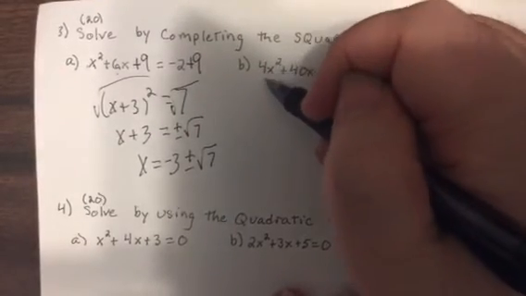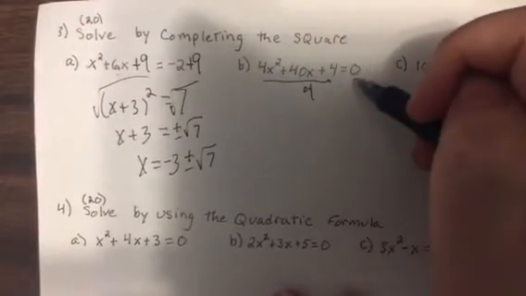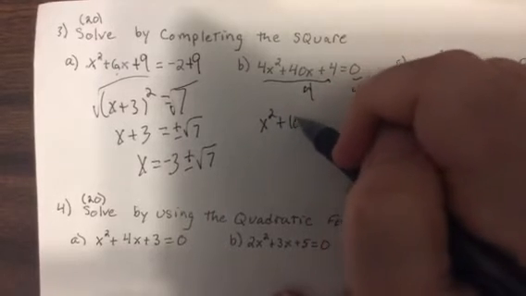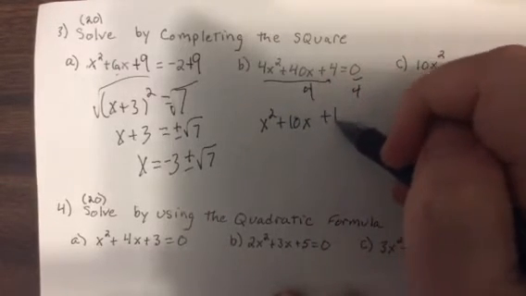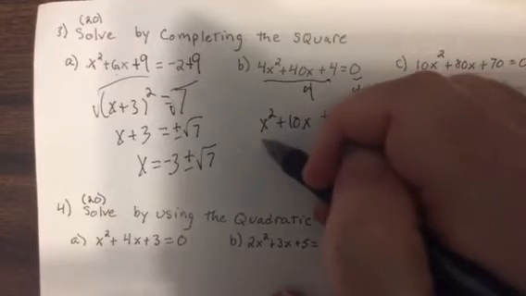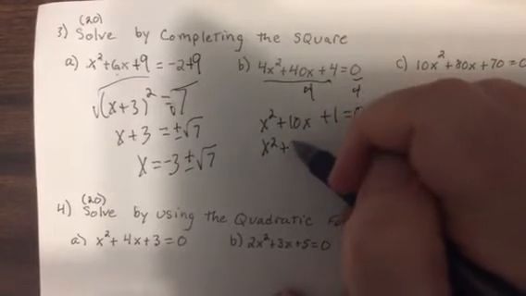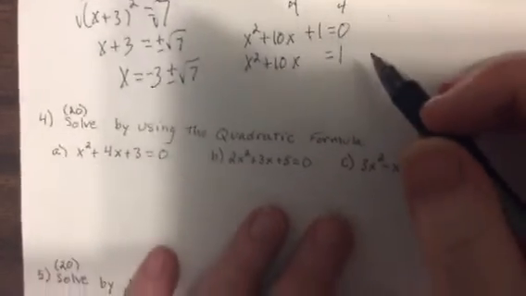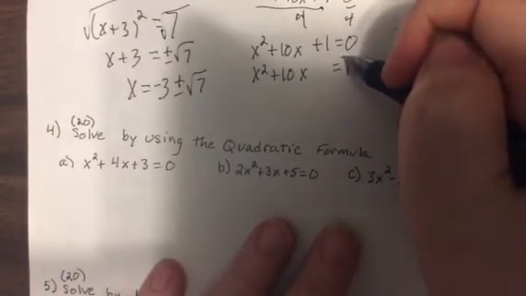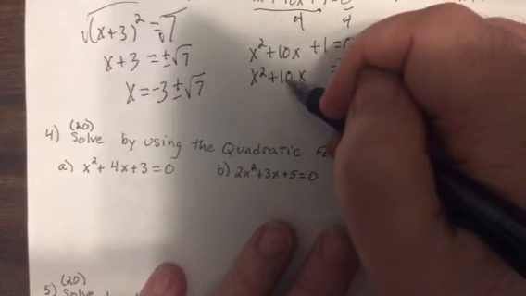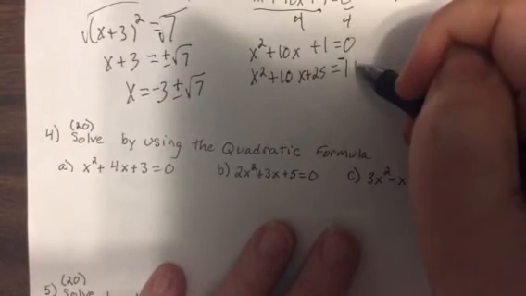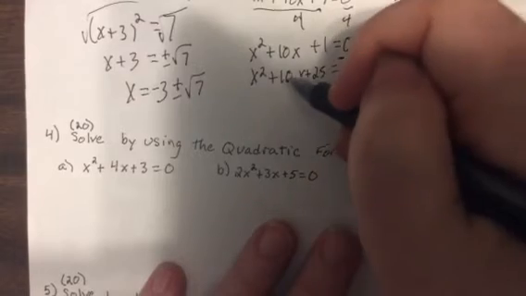So here, divide both sides by a, which in this case is 4. So it'd be x squared plus 10x plus 1. Then I'm going to subtract 1. Then it's half. Ooh, let me move this up a little bit. This is negative 1, by the way. So half of 10 is 5. 5 squared is 25. But I have to add it to both sides.